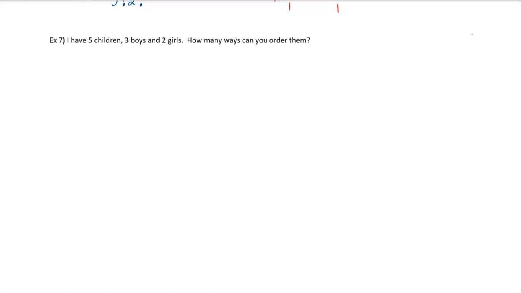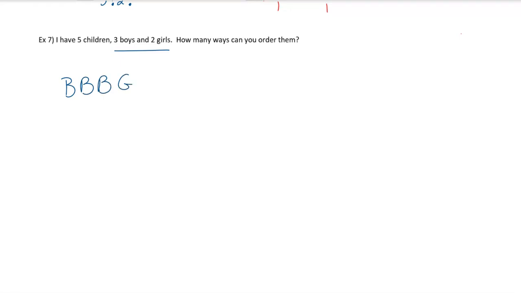The way I like to do these is by writing out what one possible outcome would be. They could have had the first 3 boys, and then 2 girls. Once we have this, we can use the same idea as the problems above, arranging the letters. How many letters do we have here? We have 5 letters, so 5 factorial. How many of those letters are B's? 3.